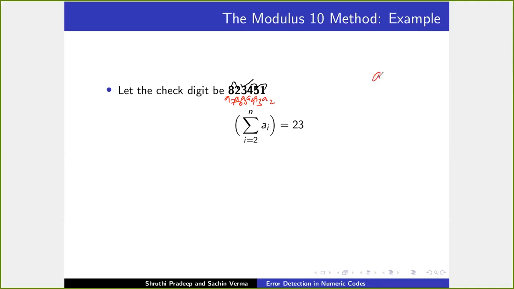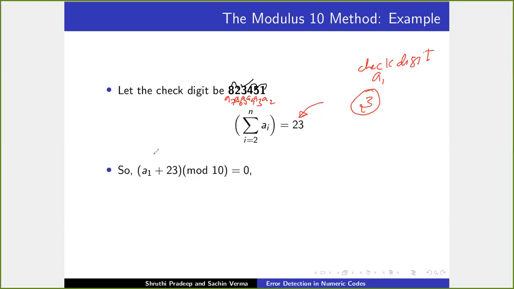Please remember that a1 is the check digit. Now if I take modulus on this 23, I get 3, so I am not getting 0, which means something is fishy. When I add a1 to this 23 and take mod 10, I should get 0, and that will only happen if this addition is 30.